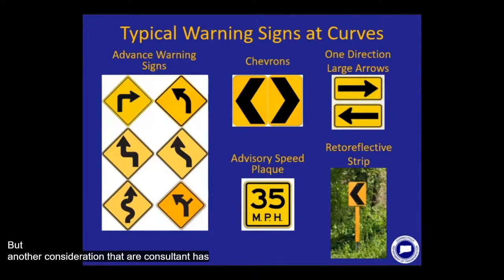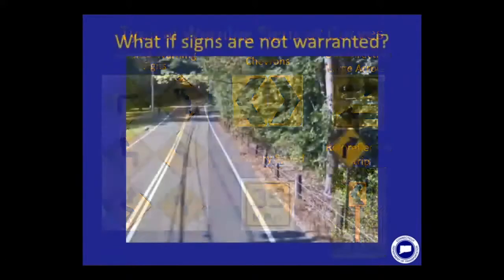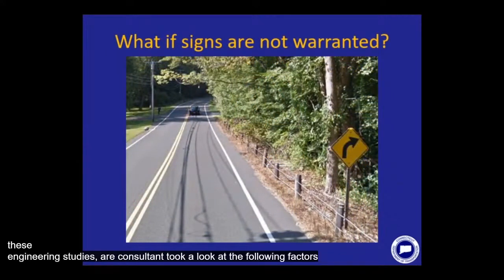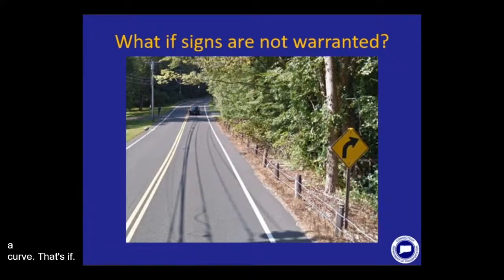But another consideration that our consultant has to take a look at is if signs are warranted at a curve at all. And so we have criteria for that too. During these engineering studies, our consultant took a look at the following factors to determine if signing was not warranted at a curve. There are two factors that we took a look at.